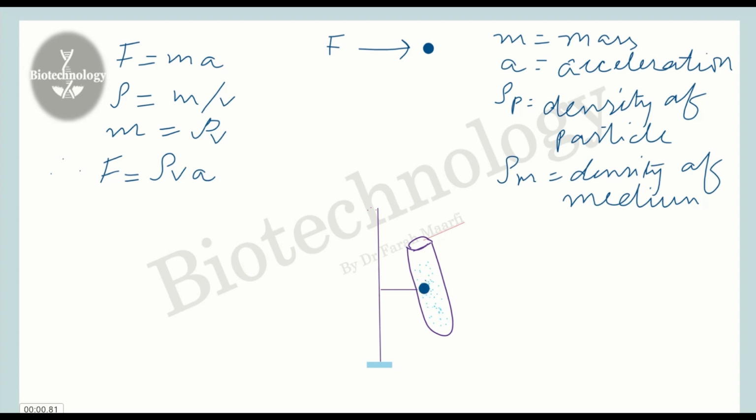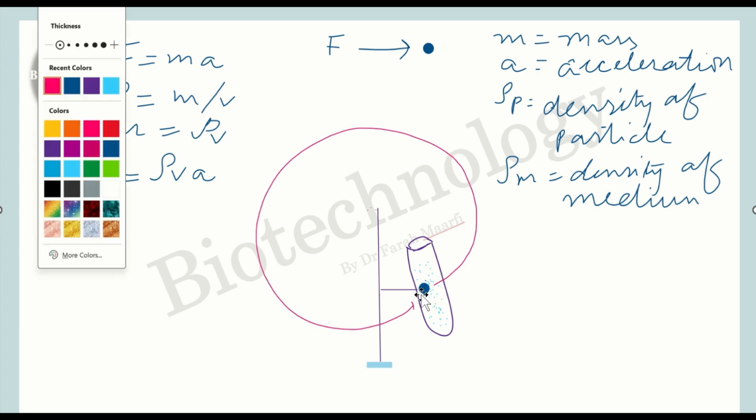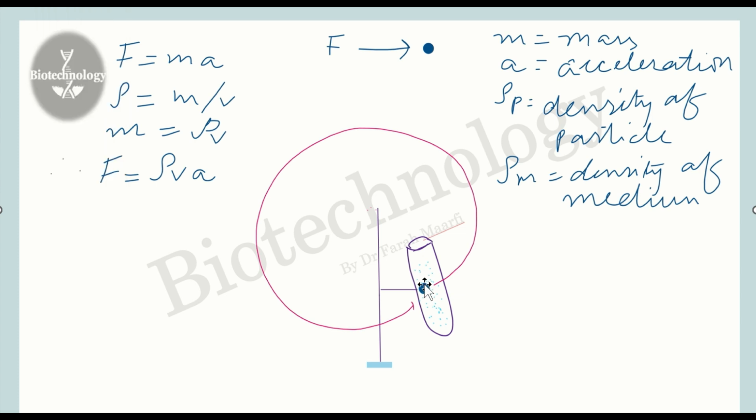So when a rotatory speed is applied to it, the particle will follow a circular motion. The particle will experience two types of forces. One force will be the centripetal force that resides towards the center of axis.